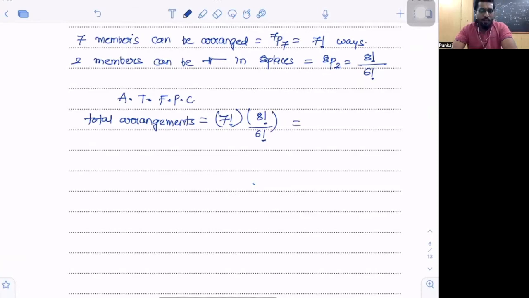So the answer is going to be what? This 7 factorial can be written as 7 times 6 factorial. 6 factorial, 6 factorial cancel. So you simply want to get 8 factorial multiplied with 7, right?